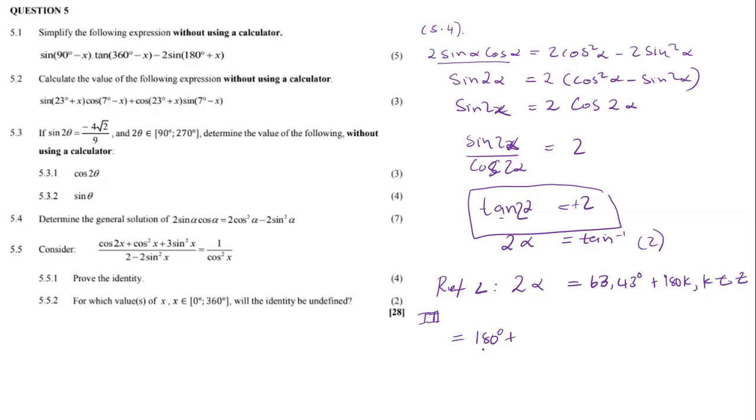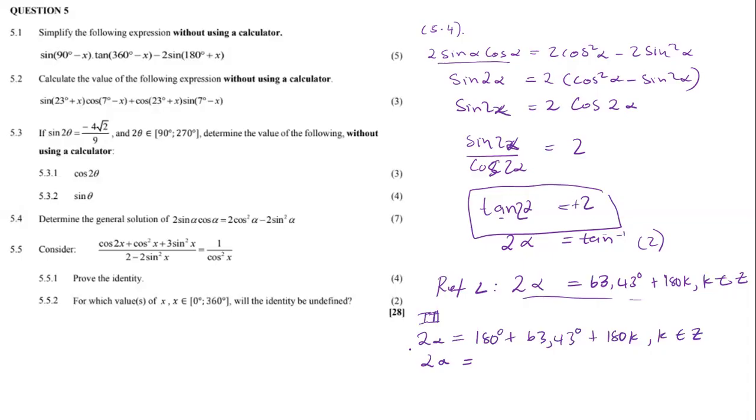So now we're going to substitute our reference angle. On this side we have 2 alpha. On this side we have 63.43 degrees plus 180 multiplied by k, whereby k is the element of all integers, right? And then we still have our 2 alpha this side, and then we're going to have 180 plus 63.43.